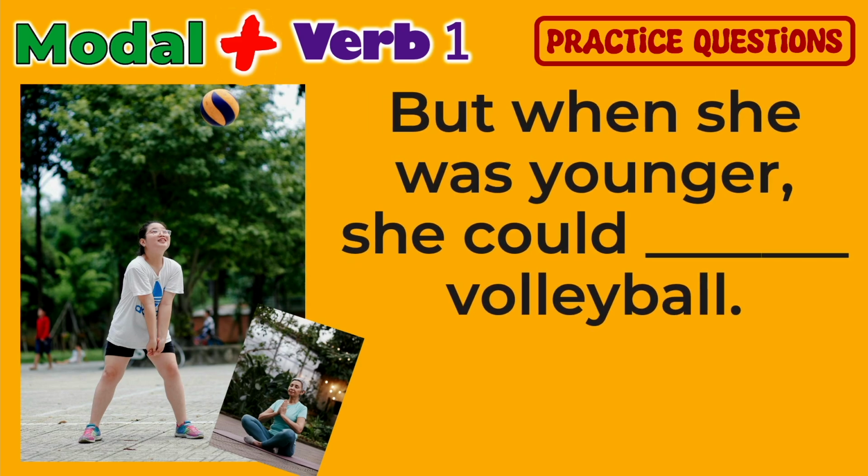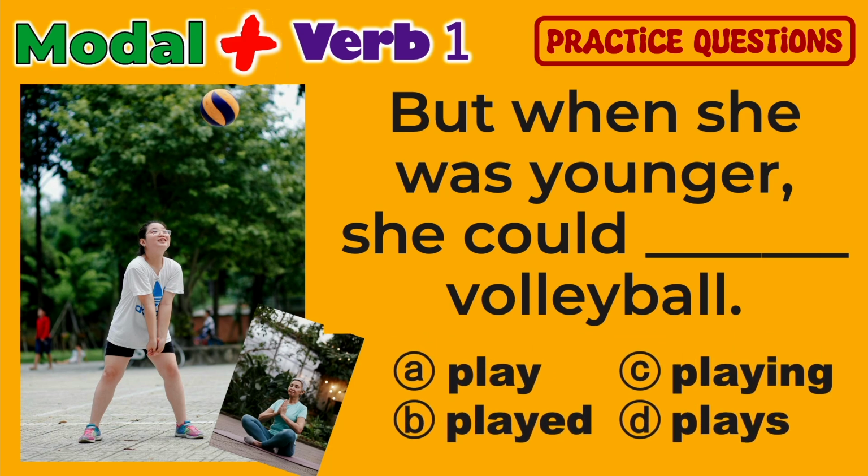But when she was younger, she could blank volleyball. All right, let's get some answer choices here. A, play, verb 1. B, played, verb 2. C, playing, verb 4. And D, plays, verb 5.